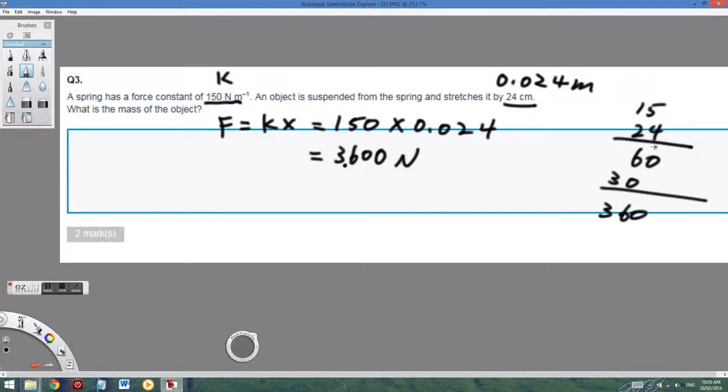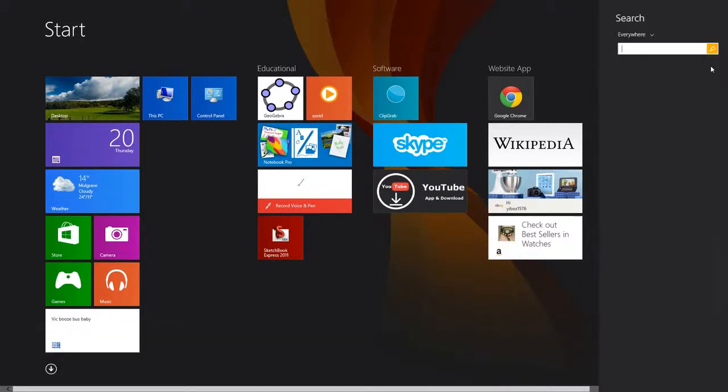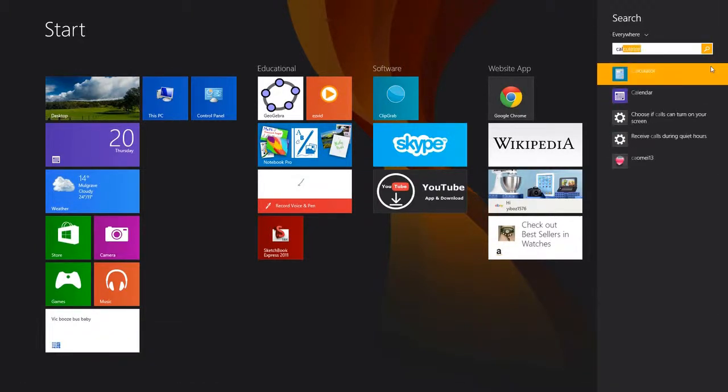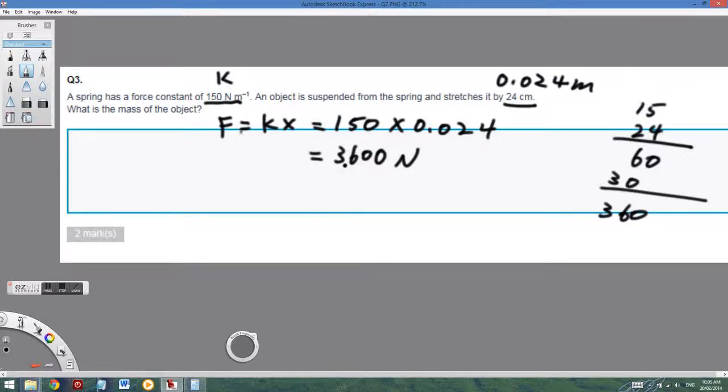Let me check, I don't want to make a mistake here. 3.6, yep, that's good.